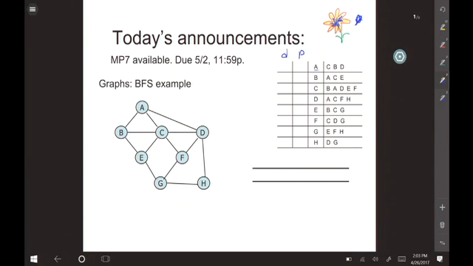So, to initialize the traversal for the first vertex, I'm going to say the distance to vertex A from the start of the algorithm is 0, because that's where we're starting. And the predecessor of A is itself. I'm going to mark vertex A as visited and put it on the queue. All of that is the setup to the algorithm.